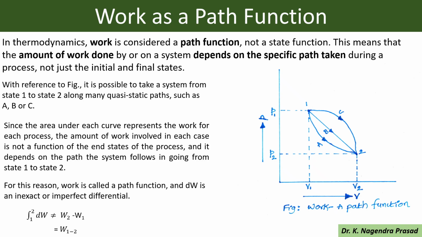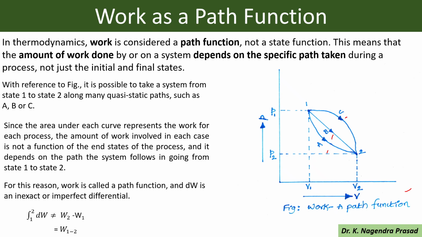Let us observe the figure, which represents the state change from 1 to 2 by different paths such as A, B and C. Since the area under each curve represents the work for each process, the amount of work involved in each case is not a function of the end states of the process, and it depends on the path the system follows in going from state 1 to state 2.